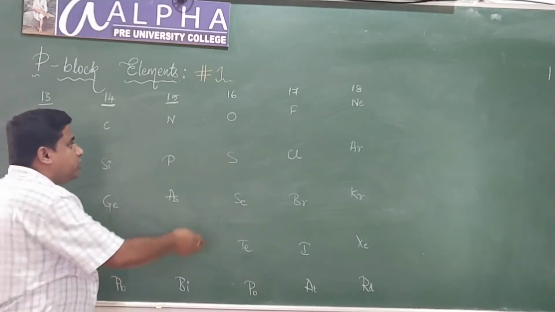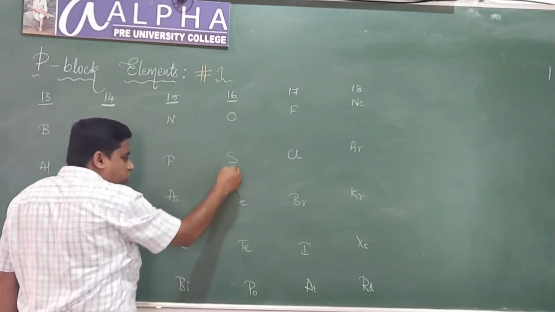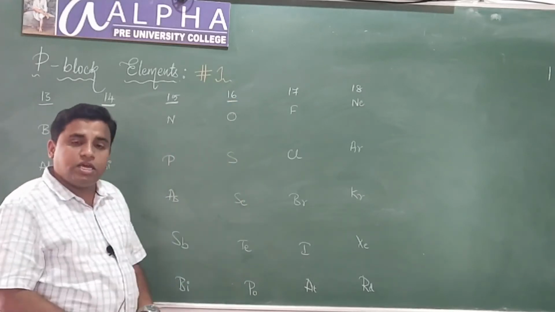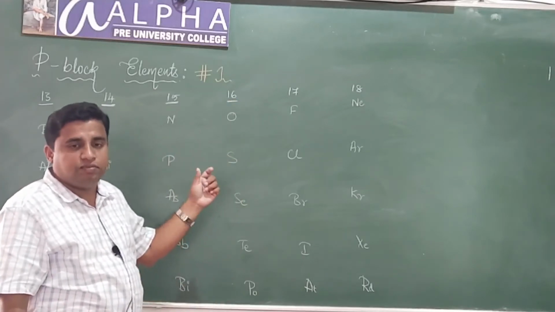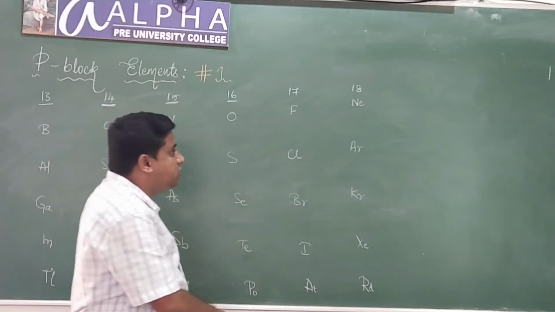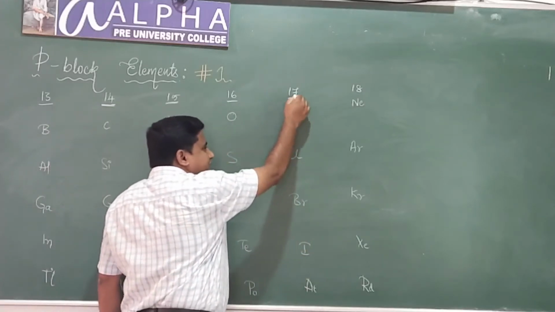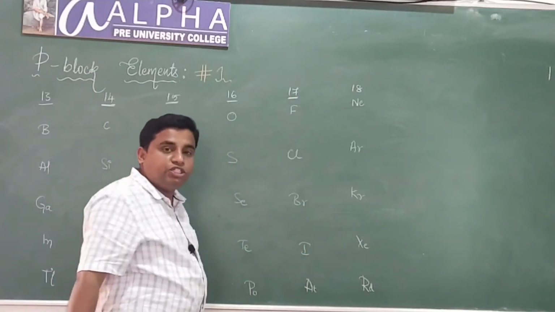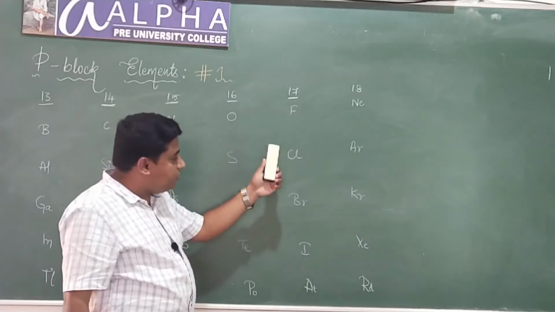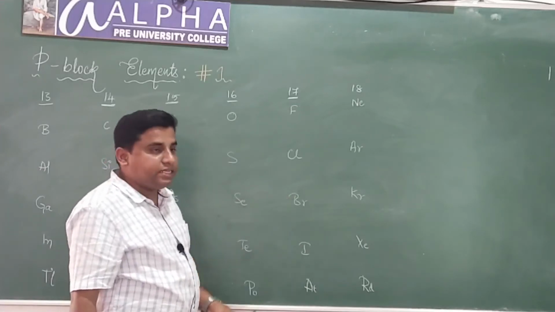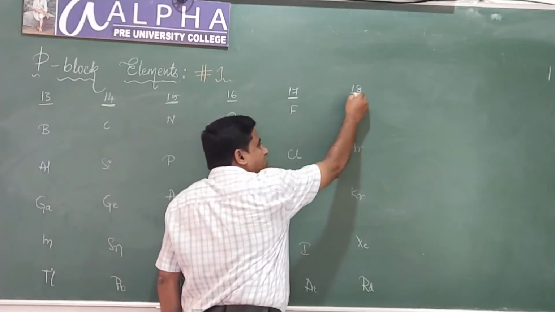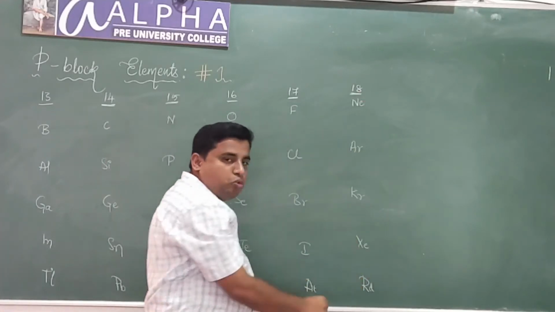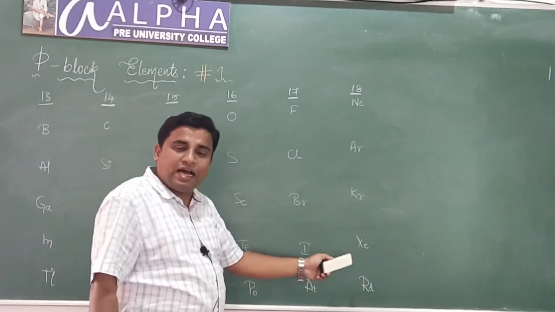Group 16 elements are called oxygen family elements, or chalcogens. Group 17 is the halogen family: fluorine, chlorine, bromine, iodine and astatine. Group 18 has inert gases, noble gases or rare earth elements.